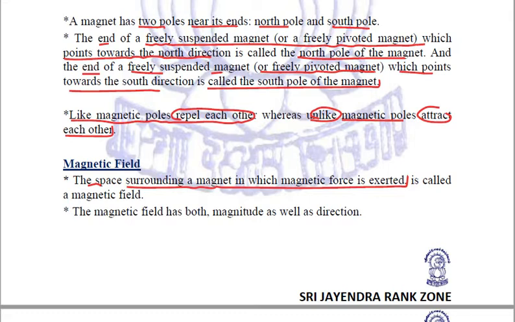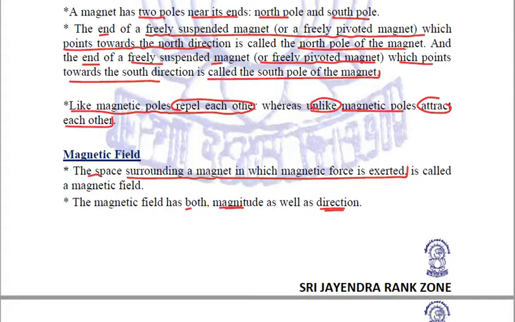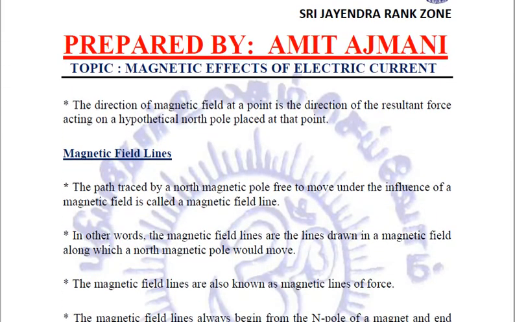Now this magnetic field has both magnitude as well as direction. Clear? When we talk about the direction of magnetic field at a point, it is the direction of the resultant force acting on a hypothetical north pole which is placed at that point. Clear? This is about magnetic field.